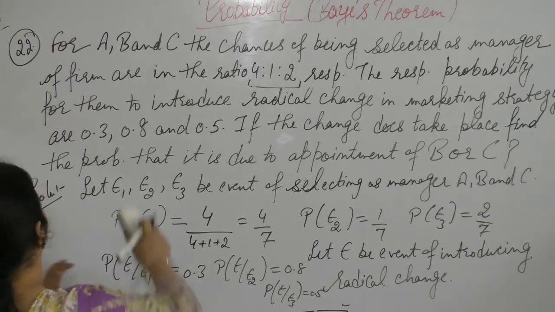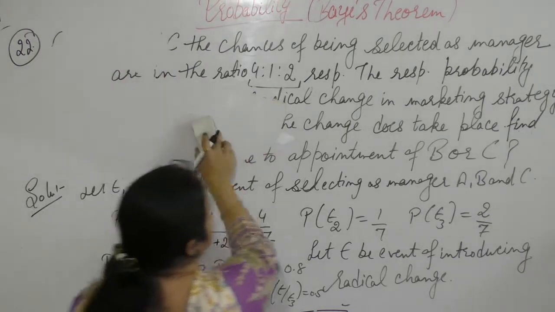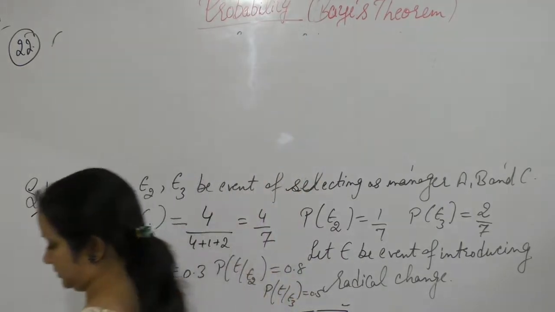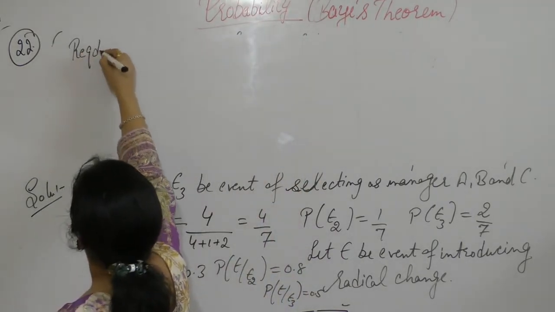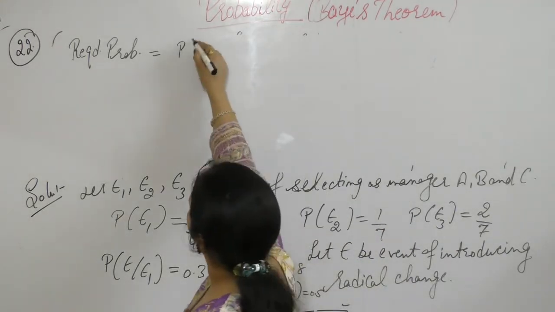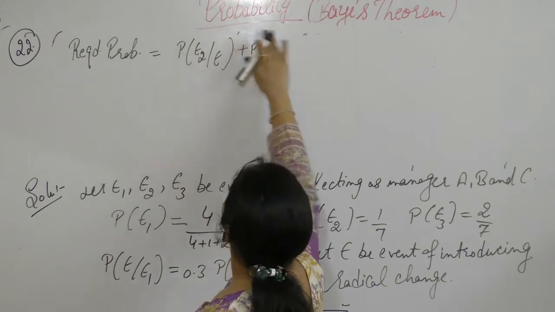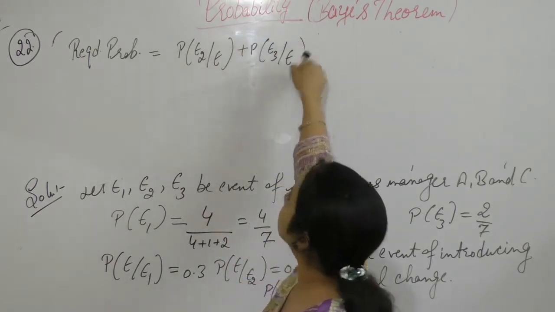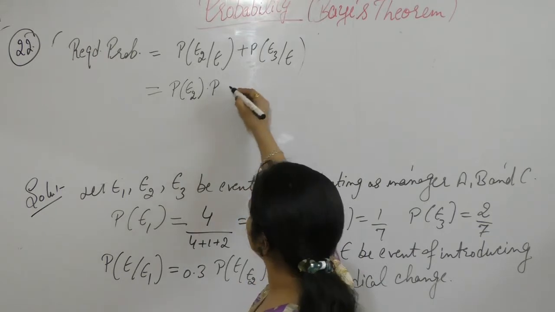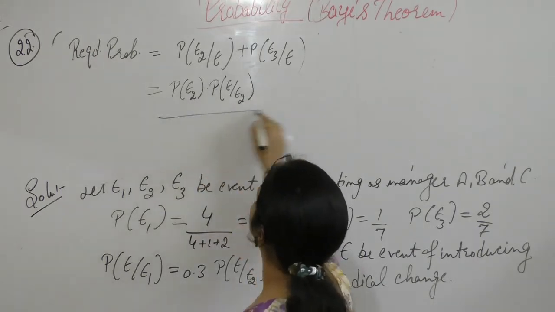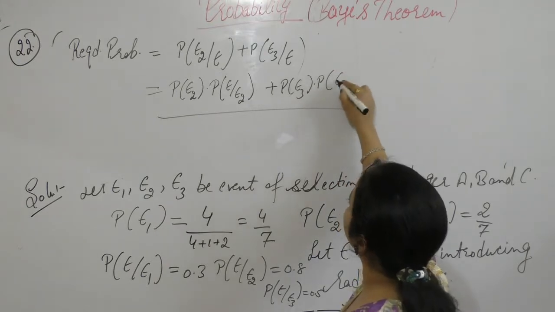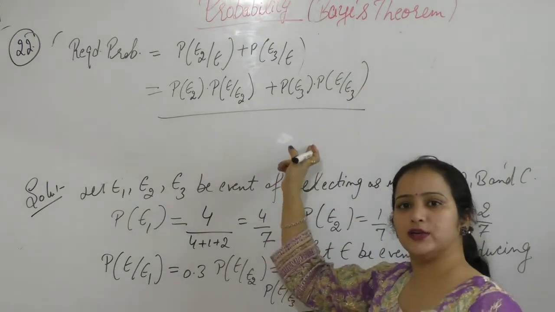Now the next one is the required probability. It is due to appointment of B or C. So the required probability is B or C. Therefore probability of B or C coming, E2 upon E. So we take the LCM here.